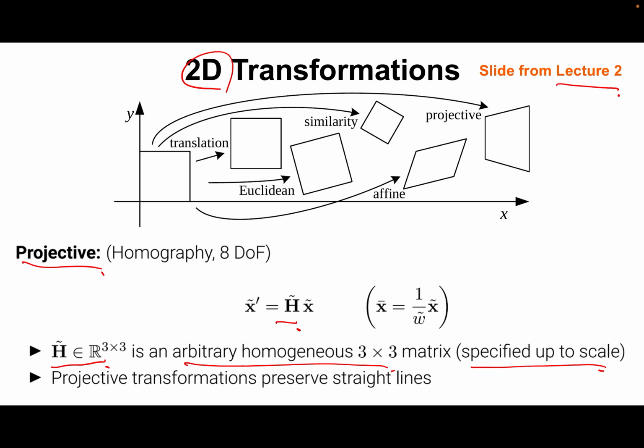So what about the projective transformation matrix? Another word is homography, and H is an arbitrary homogeneous 3x3 matrix specified up to scale. So we have 3x3 minus 1 because it is up to scale, so we have 8 degrees of freedom in 2D space.